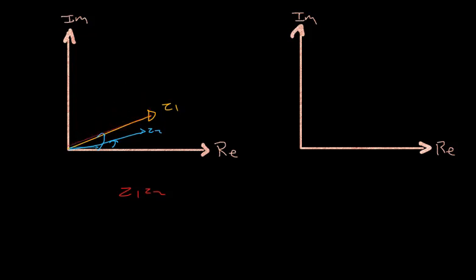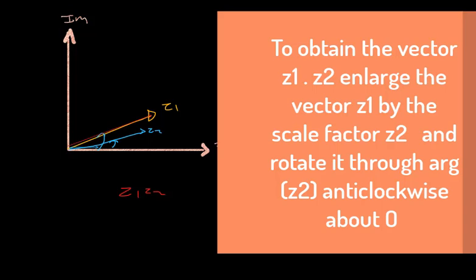In order to find the product of z1 and z2, you have to enlarge z1 by a scale factor of the magnitude of z2. It goes this much.